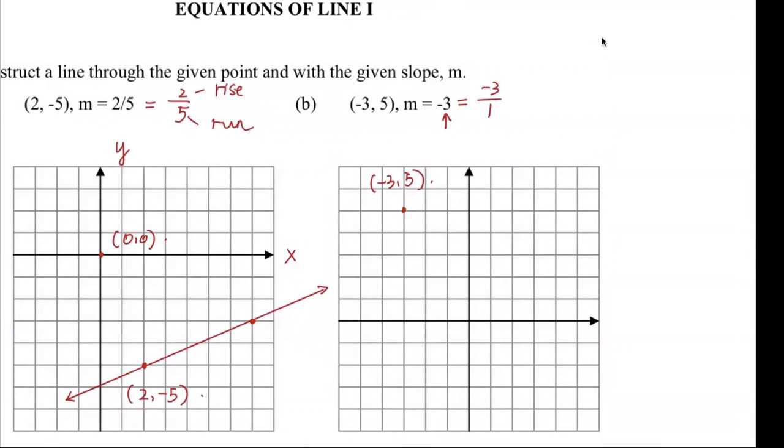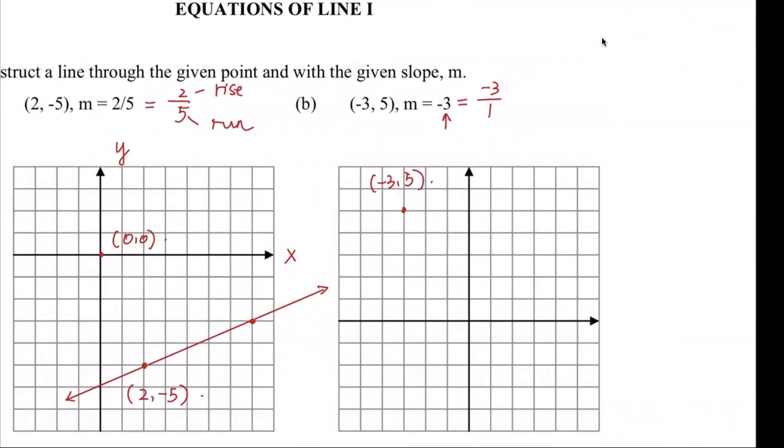After we write -3 as -3 over 1, we can see that the rise is equal to -3, run is equal to 1.